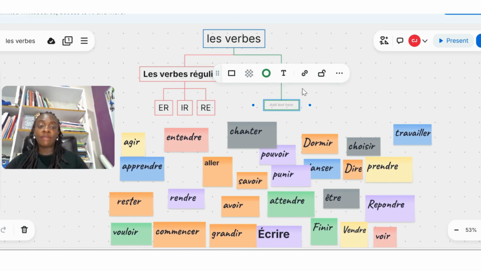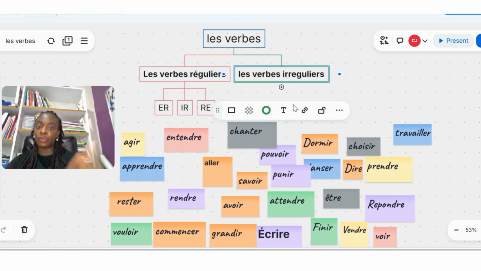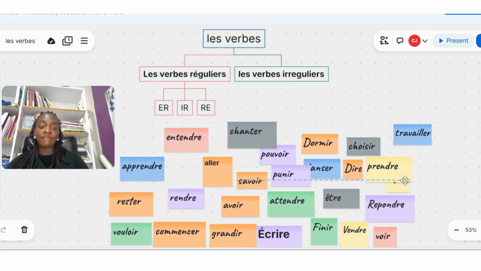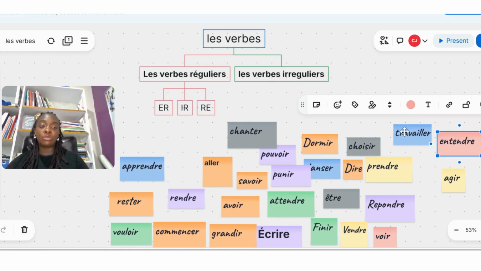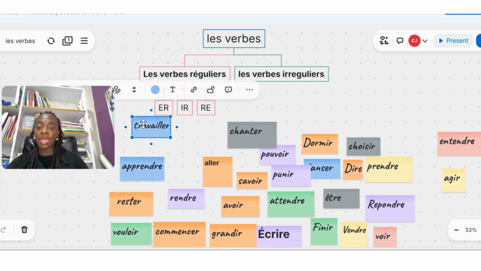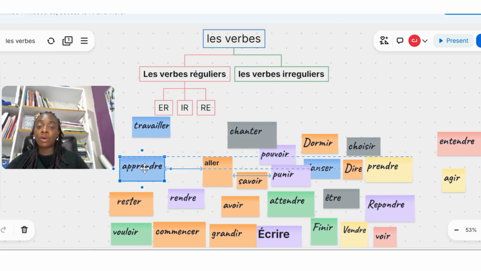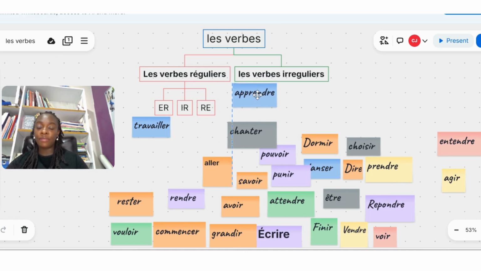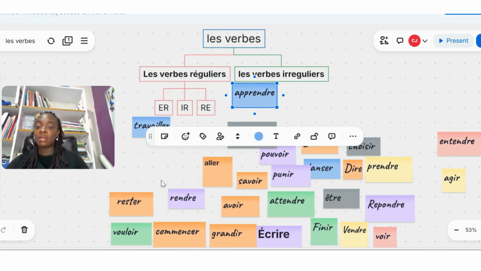Under irregular verbs, we don't have any other group. We just have irregular verbs. So we have the verb travailler. The verb travailler is an ER verb, so we are going to put it under the verbs that end in ER. And then we have apprendre, c'est irrégulier, which means to learn.